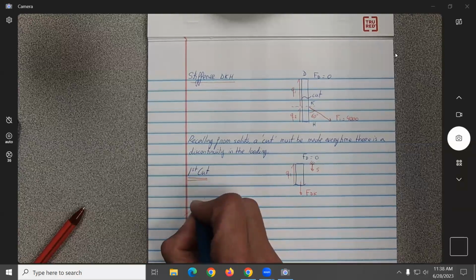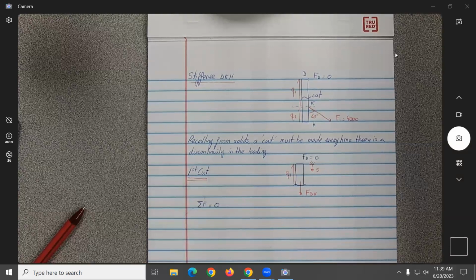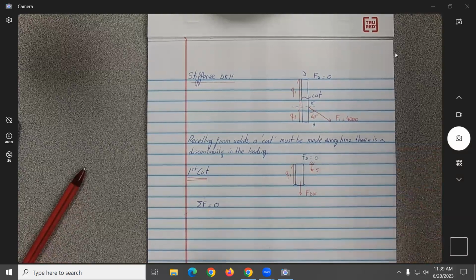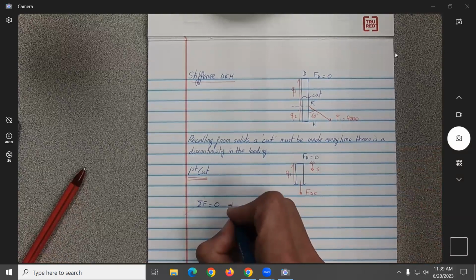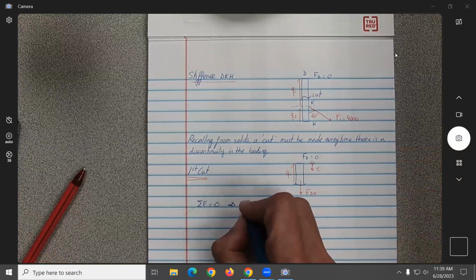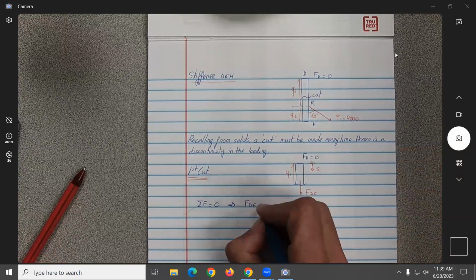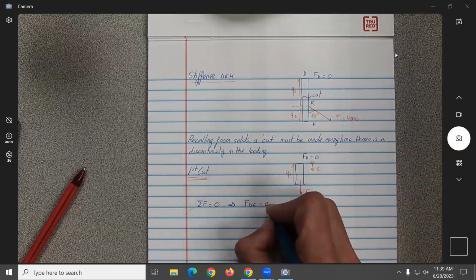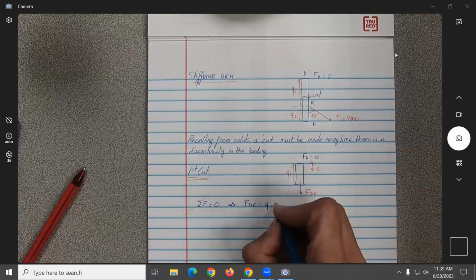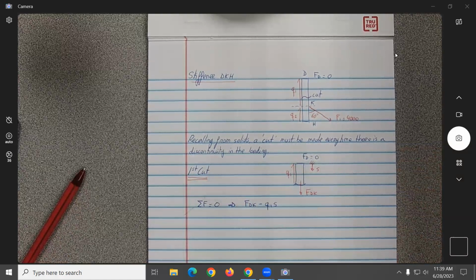So over here, if I do summation of forces equal to 0 in the direction of the element, what are you going to get? F DK would be positive minus Q1, that would be moving what distance? S, no?